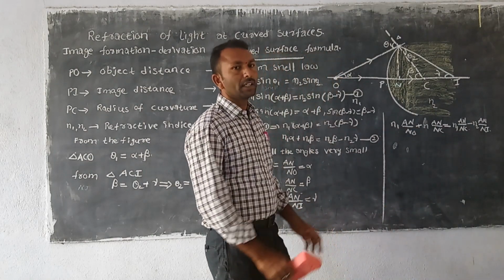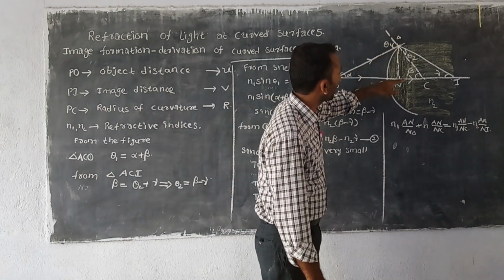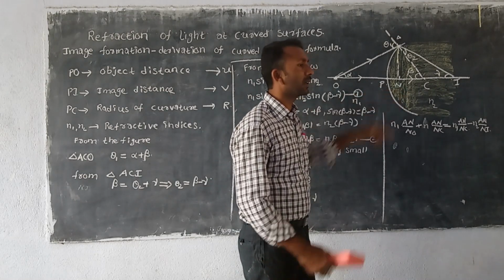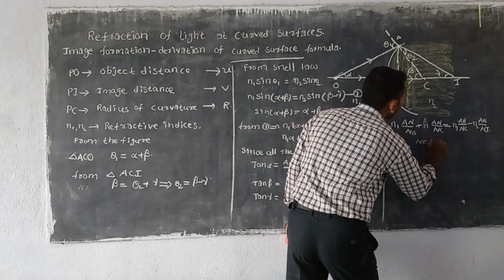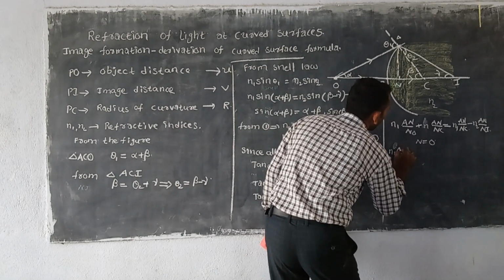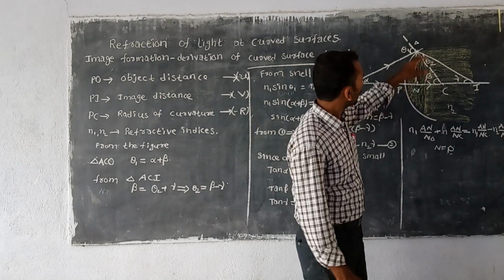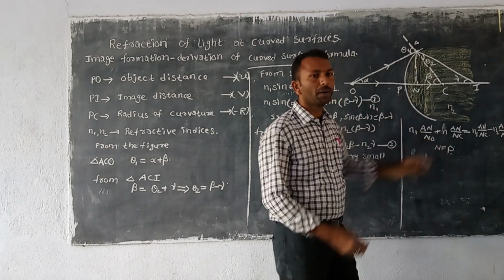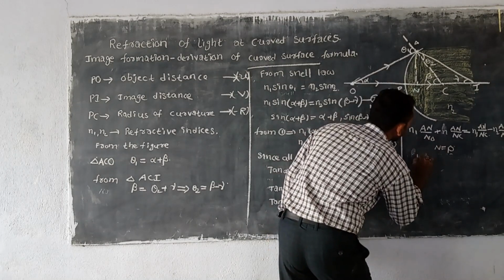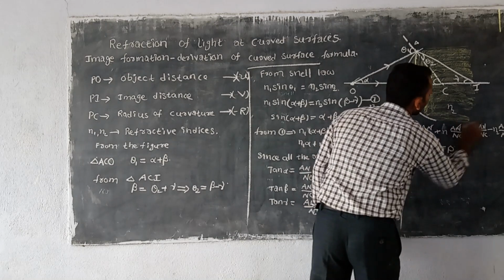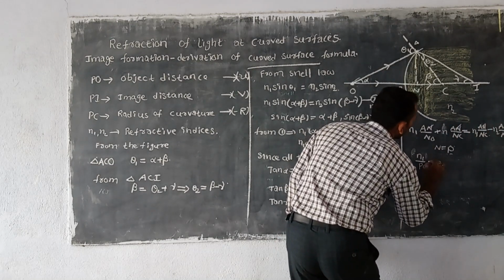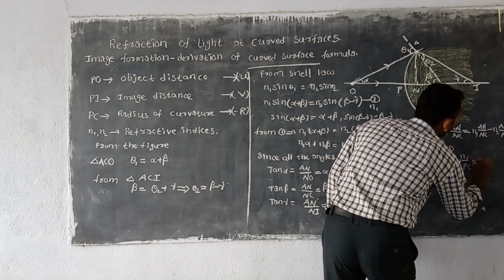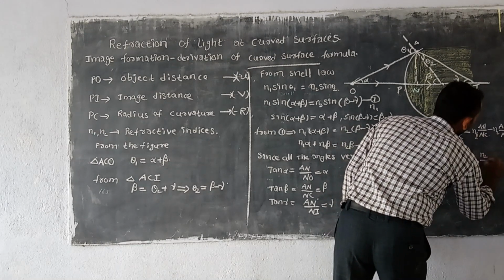And one thing is remaining here. If the normal point N coincides with P, which we have already learned in the middle formula, then these two points coincide, so N becomes P. Sorry, N equals P. Then the equation changes, AN will cancel, and we get n1 by PO plus n1 by PC equals n2 by PC minus n2 by PI.